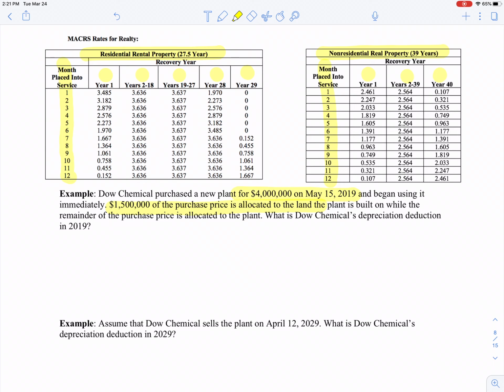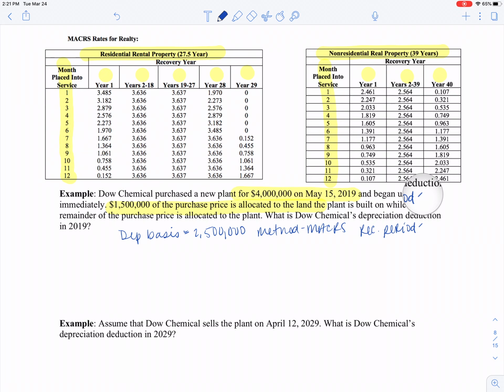What is the depreciation deduction in 2019? So the depreciable basis is $2.5 million. The method is MACRS. The recovery period: are we talking about residential or non-residential?